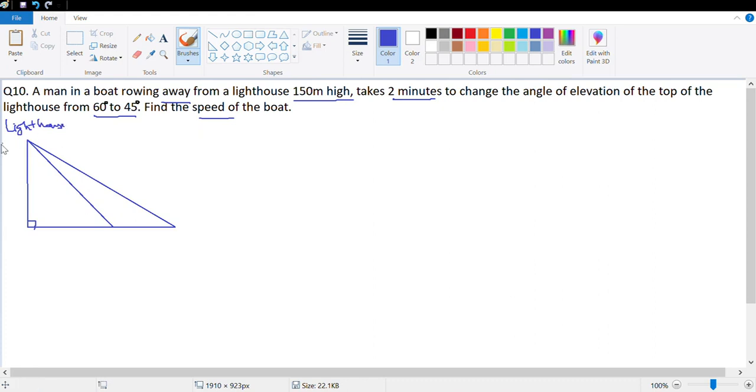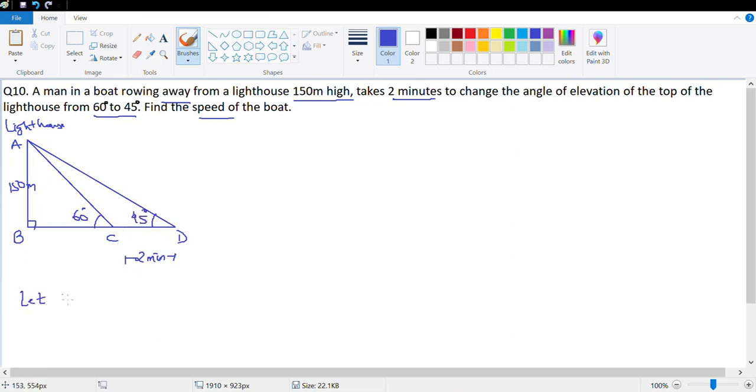Let's name this A and B. This is first point, and then he's moving away to point D. The lighthouse is 150 meter high. This distance is traveled in 2 minutes. The first angle of elevation is 60 degree and the second angle of elevation is 45 degree.